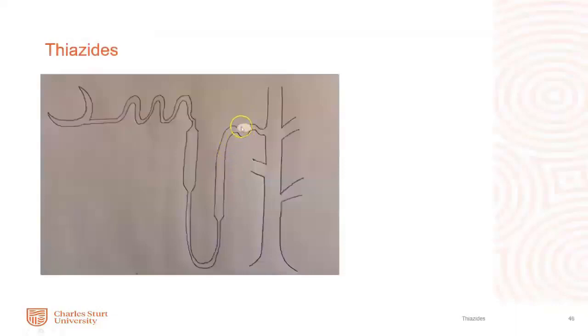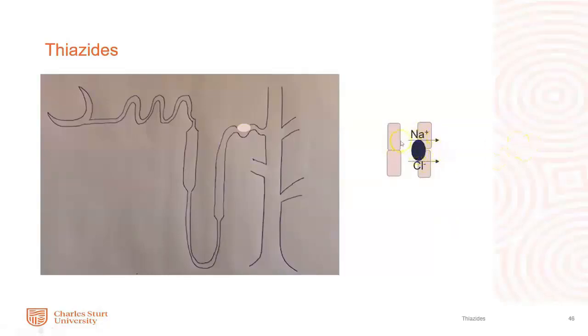So remember, we're talking about the distal convoluted tubule, where about 5% of sodium is reabsorbed from the filtrate back into the blood. If I just zoom in on the distal convoluted tubule, this is a schematic of cells lining the distal convoluted tubule walls. You have transporters in the plasma membrane of these cells, and these are sodium chloride co-transporters.